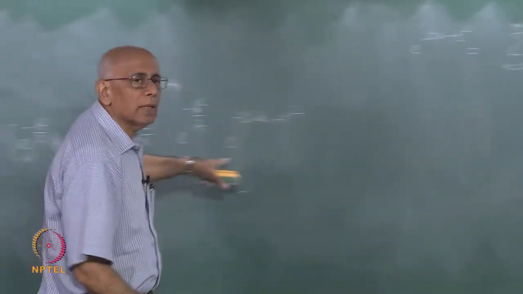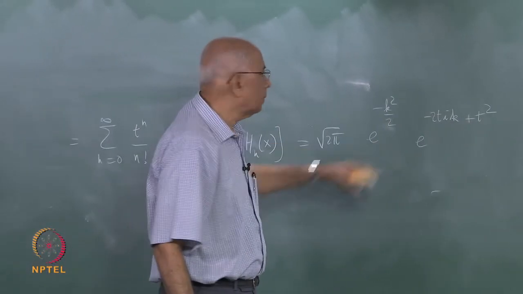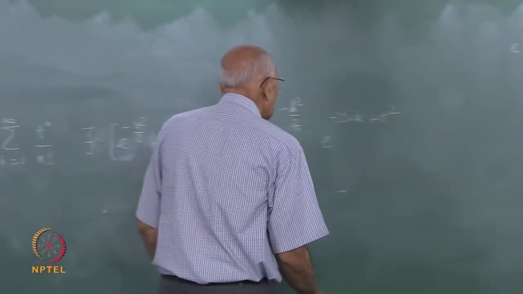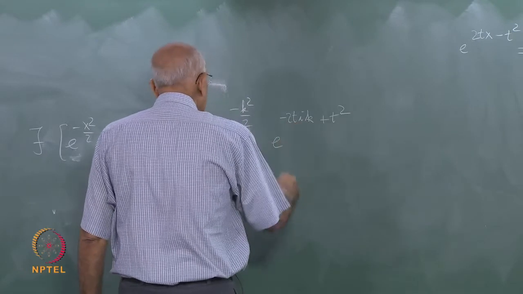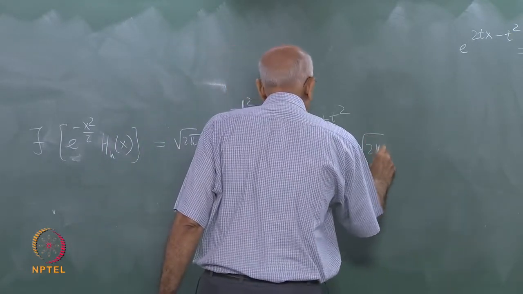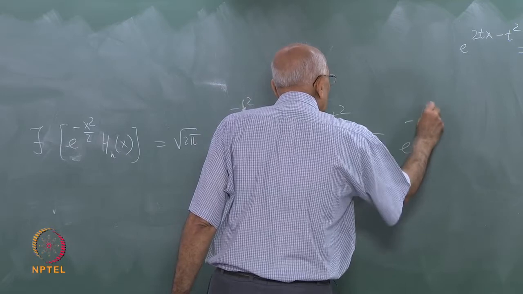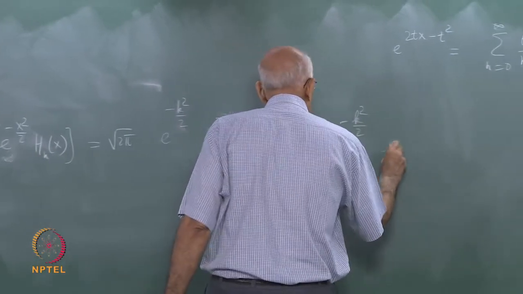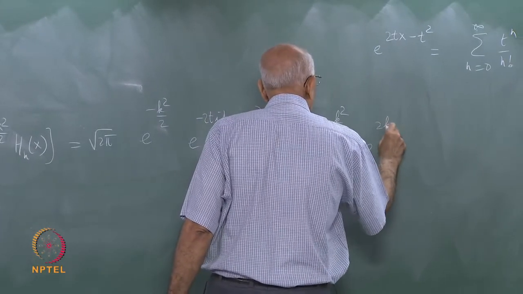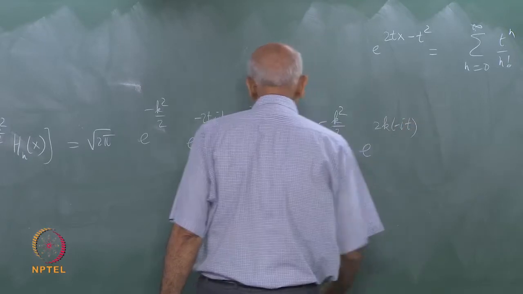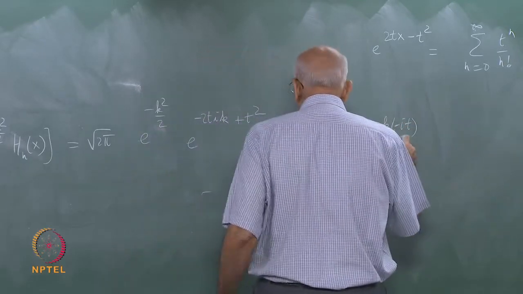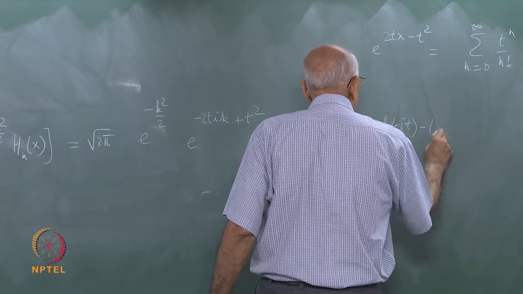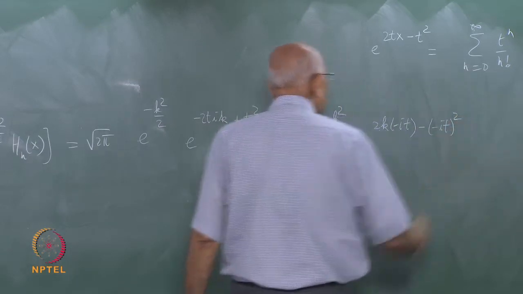I need to write this in that form. So let us write it as 2k times minus it. So this is equal to root 2 pi e to the minus k squared over 2 e to the power 2k times minus it plus t squared, which is minus it whole squared.